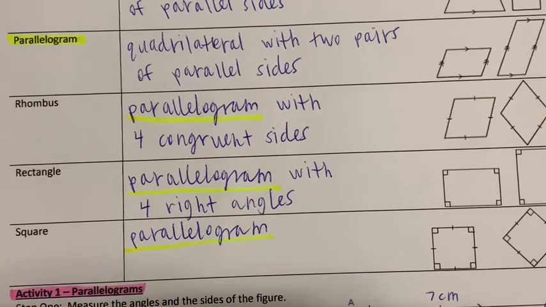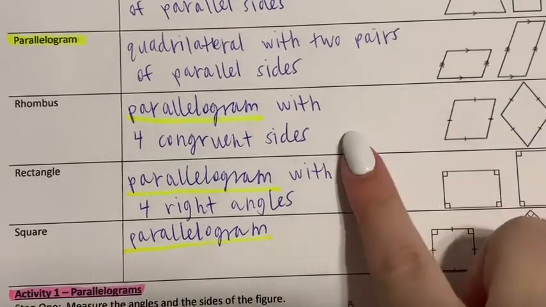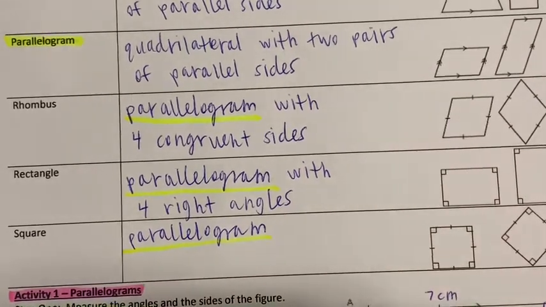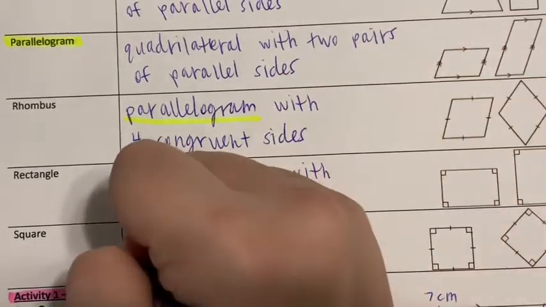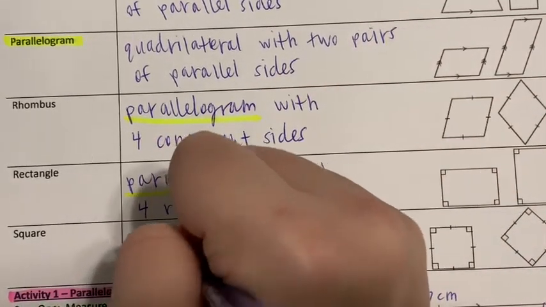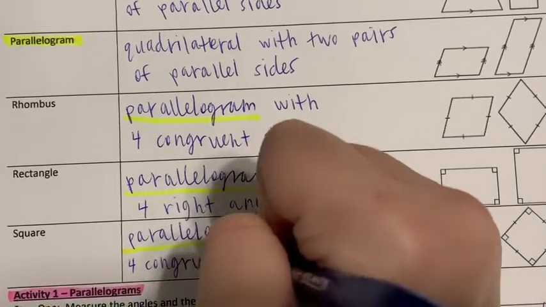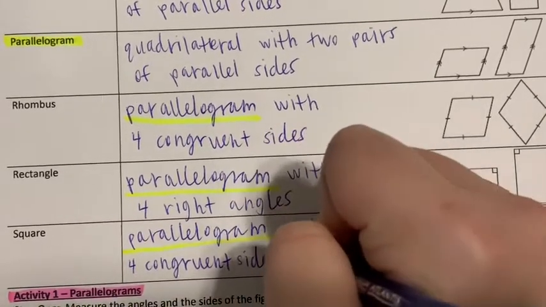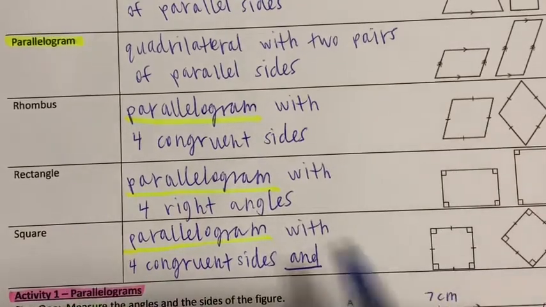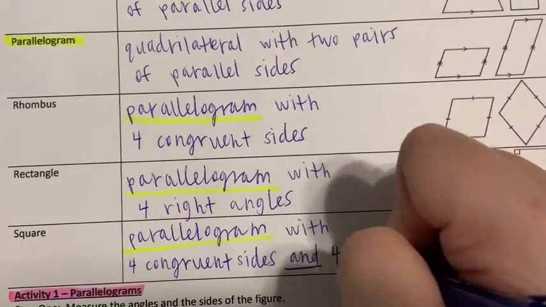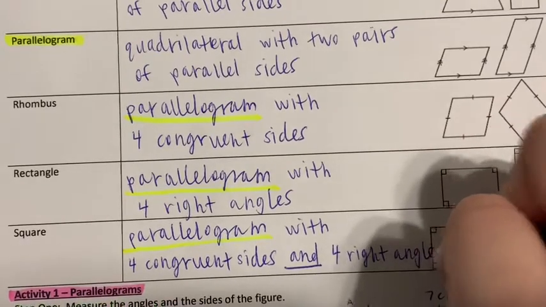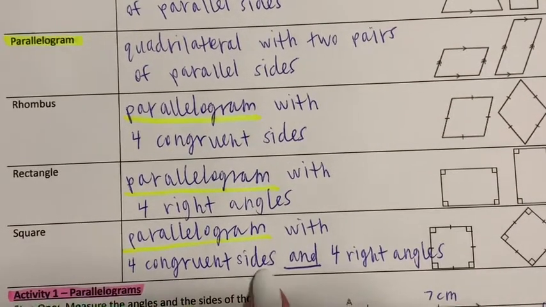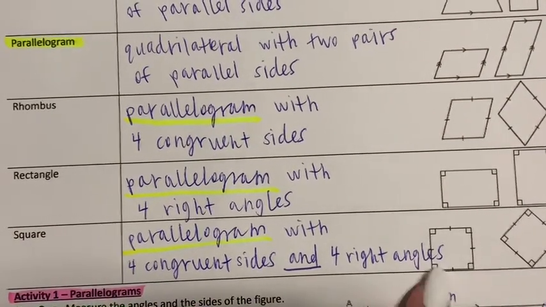And the square had the properties of both the rhombus and the rectangle. So we can say that it's a parallelogram with 4 congruent sides. So that would be like the rhombus, 4 congruent sides. And like the rectangle, 4 right angles. Parallelogram with 4 congruent sides and 4 right angles.